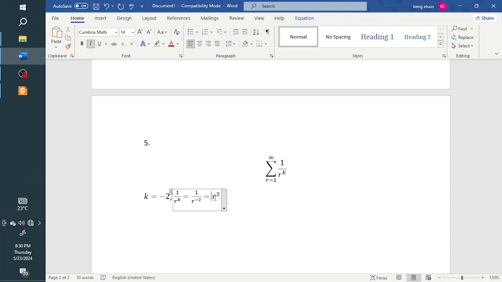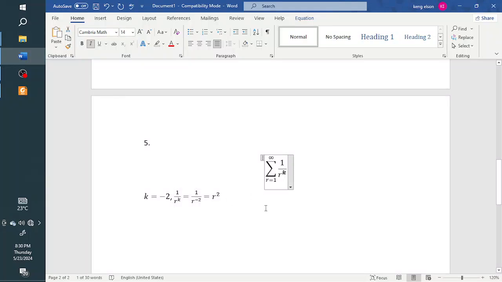You'll be going towards infinity: 1 squared is 1, 2 squared is 4, 3 squared is 9. So when you sum 1 plus 4 plus 9 plus 16 and so on till infinity, everything boils down to infinity. So it diverges because it's not going towards a particular value. Whenever k is less than 0, the result diverges.